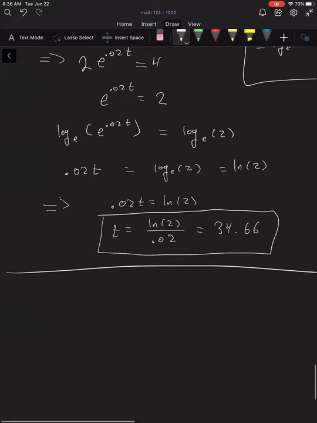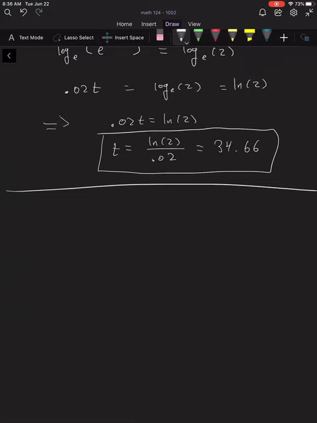Let's do a problem similar to 11. Let's just make up a table. We have our substance, then the decay rate, and then let's say half-life.